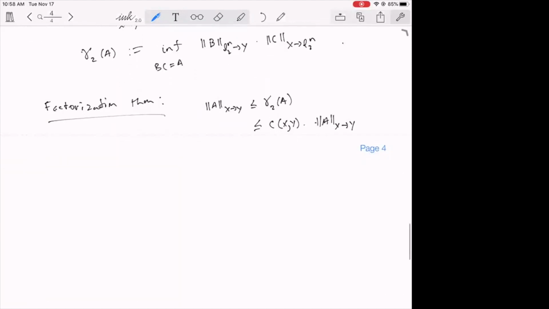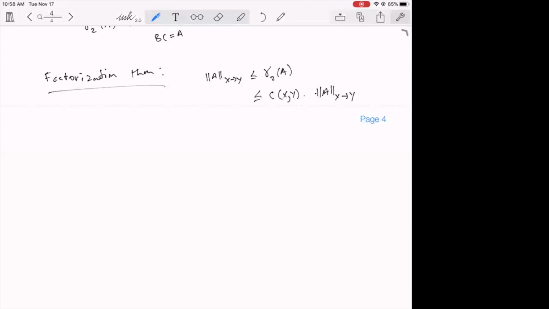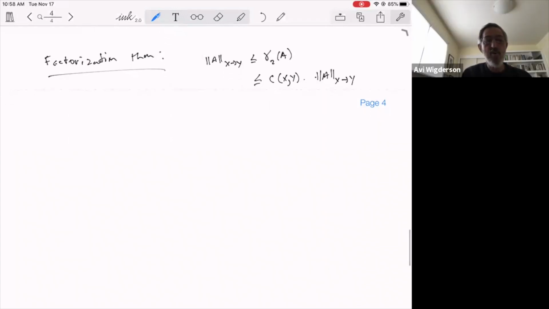Will this constant depend on the dimension, or can it depend on the dimension? Ideally, it won't. I mean, it can, but we are interested in situations where the dependence is either mild or independent of the dimension. When we say L2 or LP, we really should think about what dimensions they are.